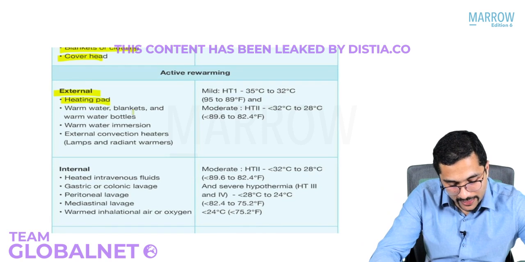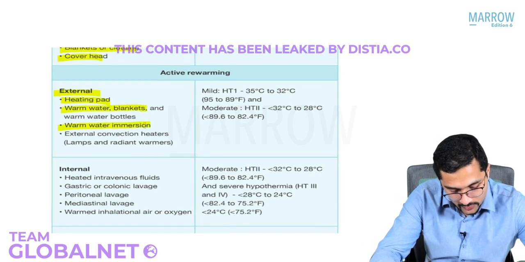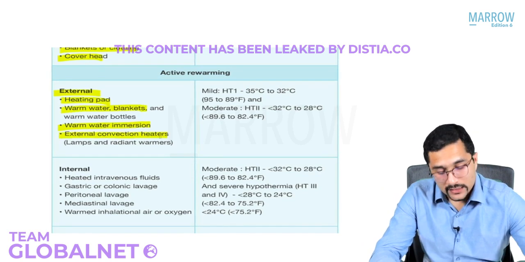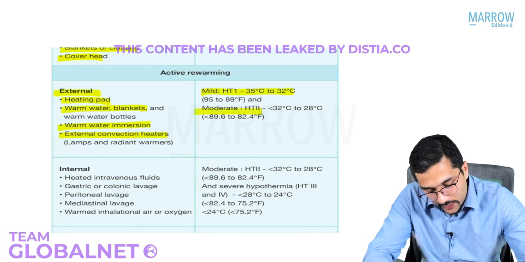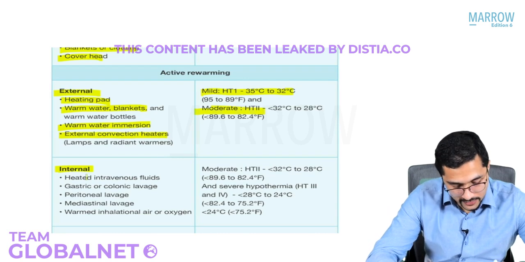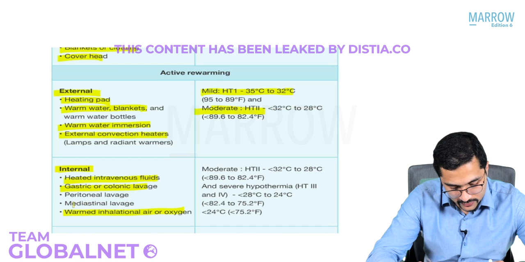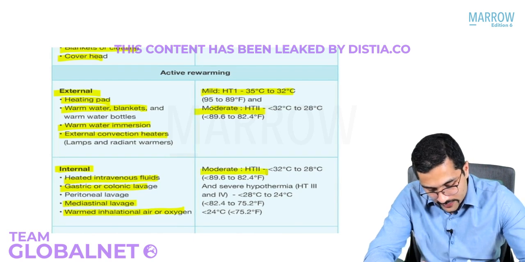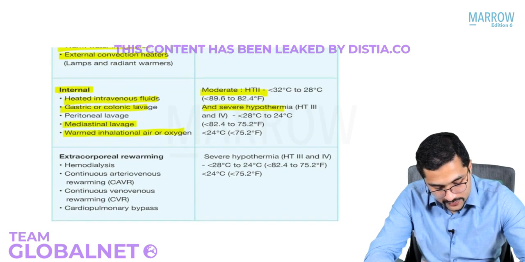External can be heating pads, warm water immersion, heaters, right? These are done for mild and moderate hypothermia. Internal techniques are warm fluids, gastric lavage, warm inhalation, mediastinal lavage, and this is done for moderate and severe.